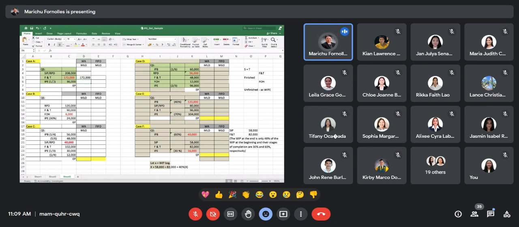Multiply the given fraction completed by the IPE of 36,000. What is 1/3 times 36,000? 12,000, miss. So we will add your EP in IPE of 12,000.